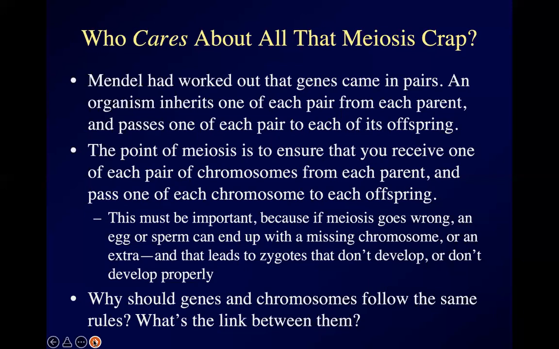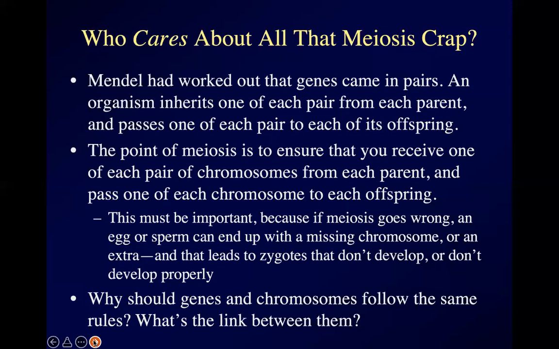Well, we know that genes and chromosomes aren't exactly the same thing, for the simple reason that there are a lot more genes in an organism than there are chromosomes. Peas have 14 chromosomes in 7 pairs, but they've got a lot more traits that follow Mendel's rules than just 7.